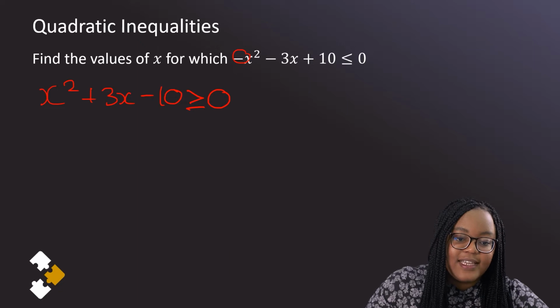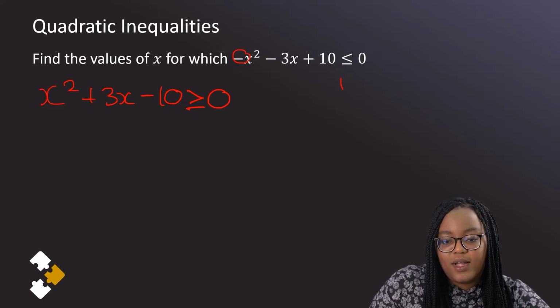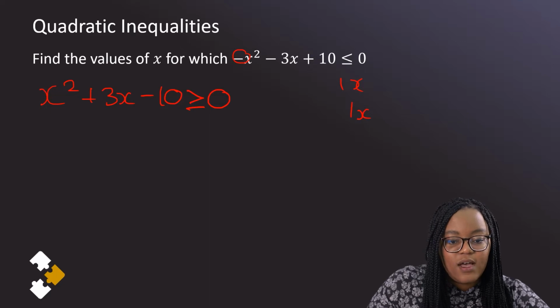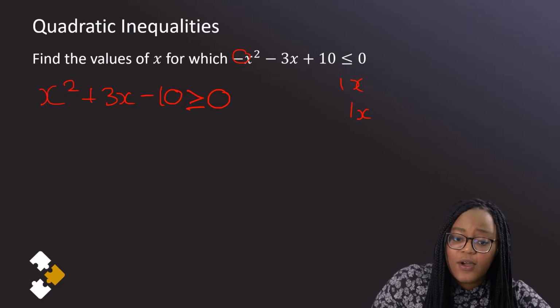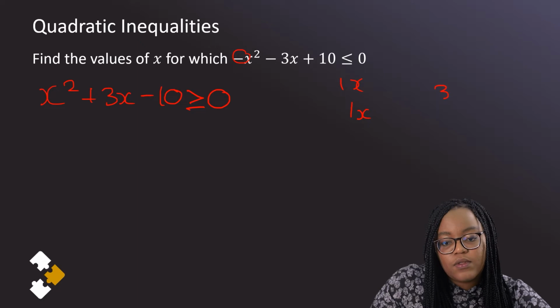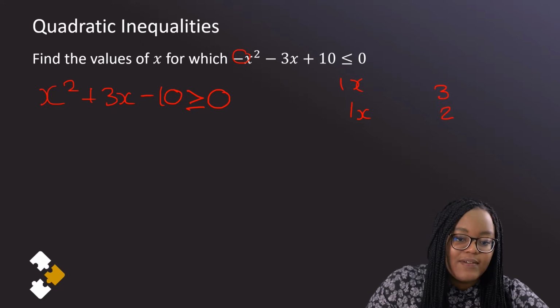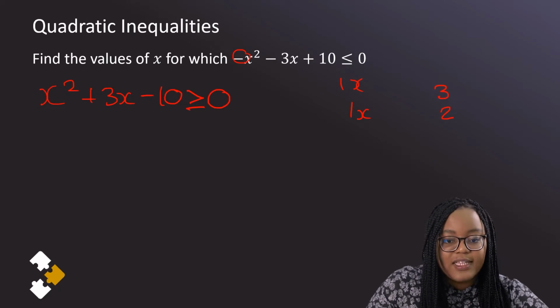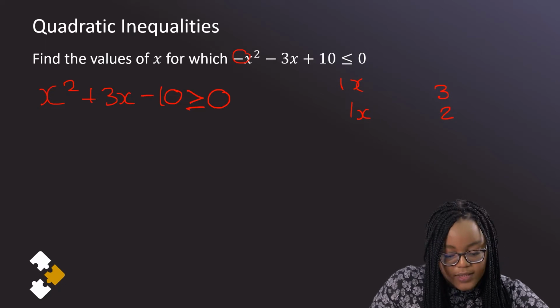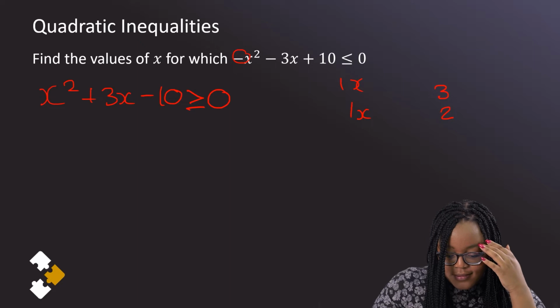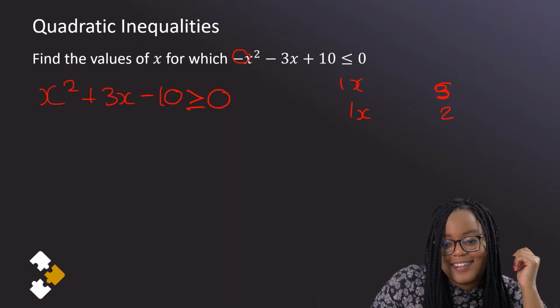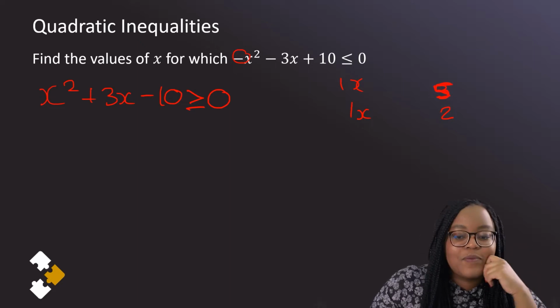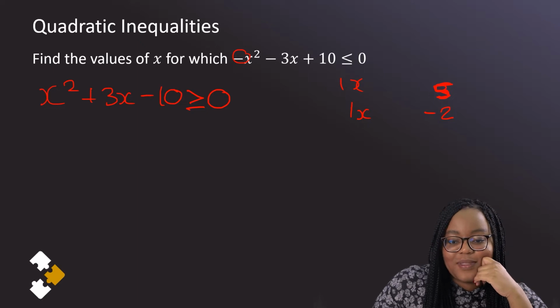If we're factorizing, the factors of x squared are going to be 1x and 1x, and the factors of 10 are going to be 5 and 2. We have a negative 10 here, so one of these is going to have to be negative, and we know that our middle value is 3, so we are going to subtract a 2 from this 5, right?